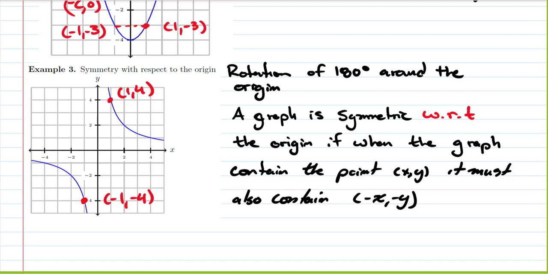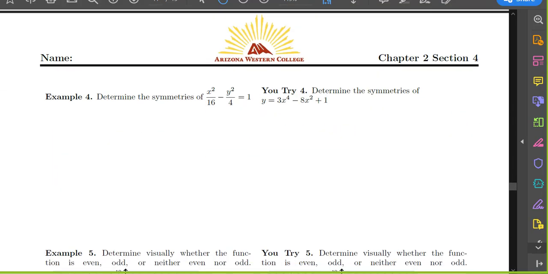So these three pictures are going to be the key for us to test something for symmetry, which is what we're going to be asked to do in our next example.